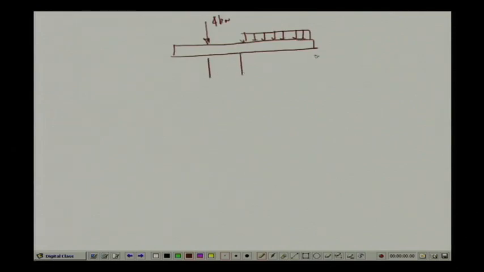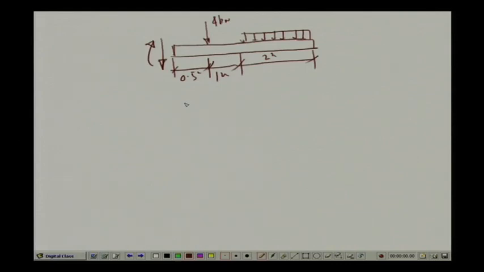So, this distance is 2 meters, this distance is 1 meter, and we will have to find out the bending moment and shear force at a distance of 0.5 meter from here. And here, since it is the left hand side, we have the positive values of shear as this and the bending moment as this, and since there are no horizontal forces, we are ignoring the axial force.